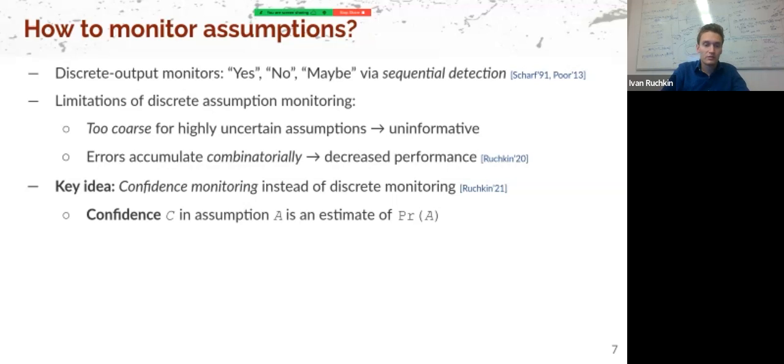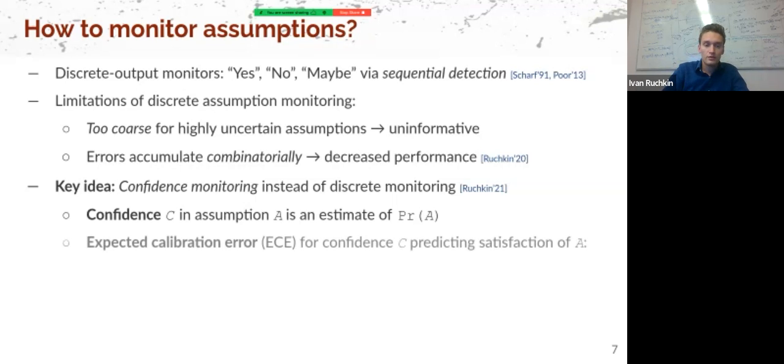Confidences are estimates, so not all estimates are equally good. And we will measure how good they are using a standard metric from machine learning called expected calibration error, or ECE. It is defined for some confidence C with respect to assumption A as the expected value of the absolute difference between the predicted probability, or confidence C, and the actual frequency of the assumption holding when these predictions are being made.